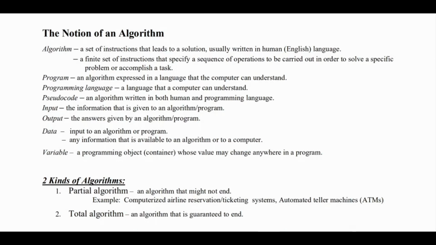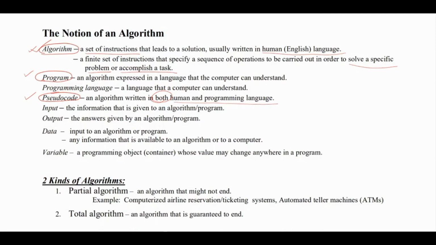So again, these three terms, algorithm, program, pseudocode, are similar in the sense that these three are all sets of instructions to solve a problem or accomplish tasks. And the difference now is that the algorithm is a draft solution written in human or English language, and the pseudocode is written in both human and programming language.